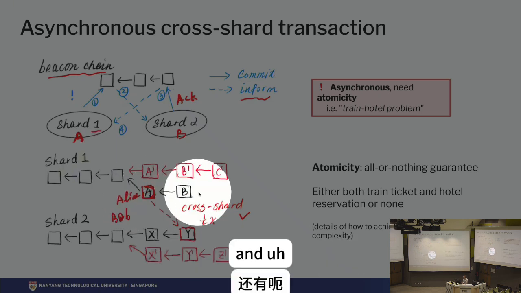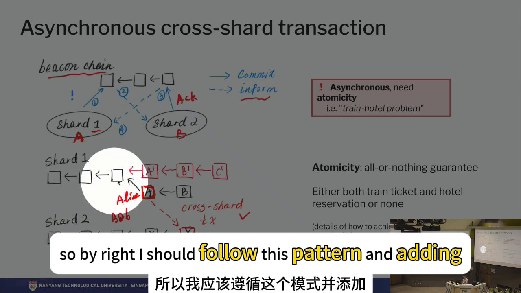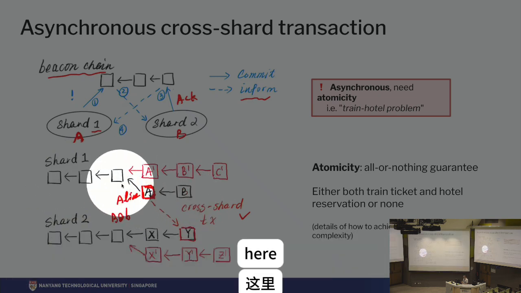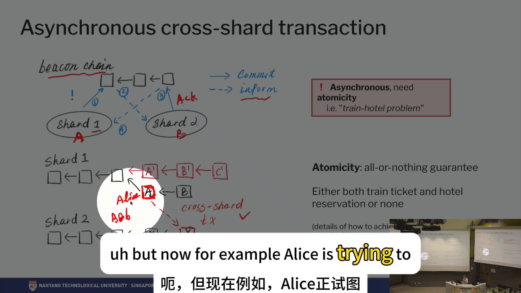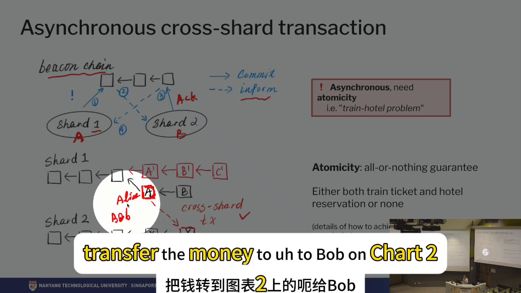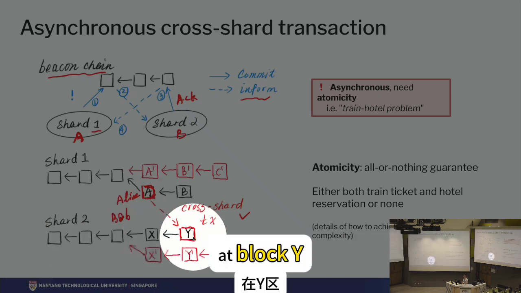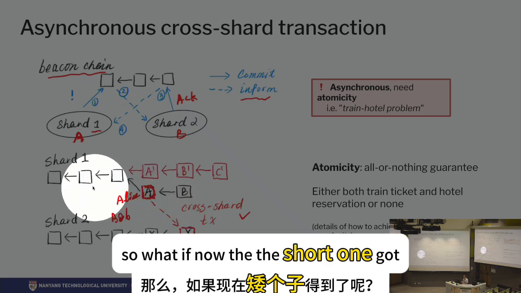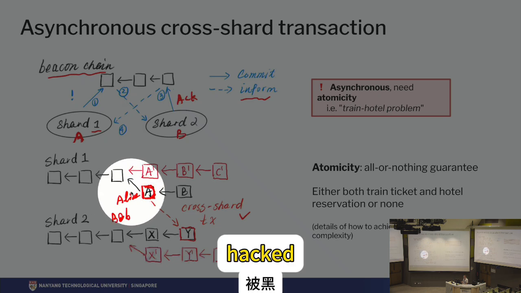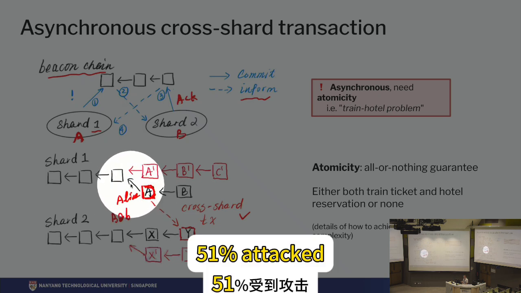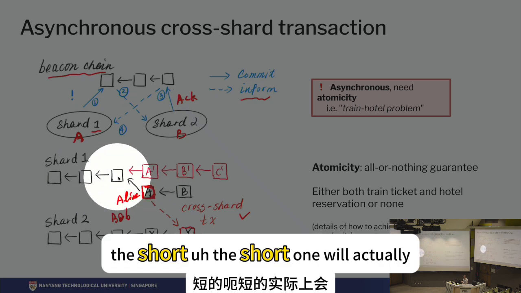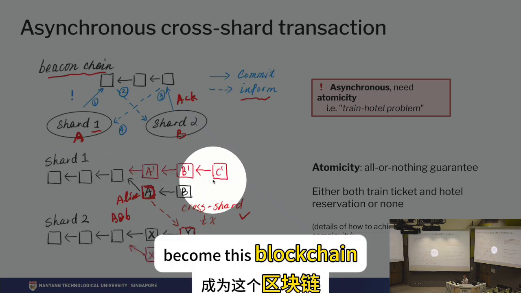By right, I should follow this pattern, adding block B onto block A. But now, for example, Alice is trying to transfer money to Bob on shard 2 at block Y. So what if shard 1 got hacked, 51% attacked, then shard 1 will actually become this blockchain.